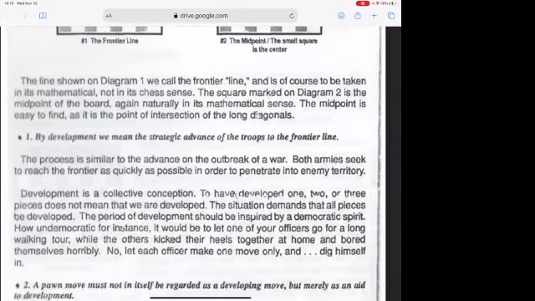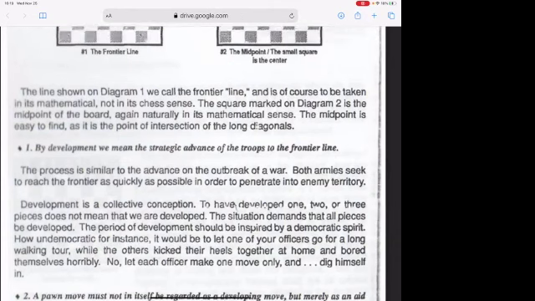Again, the process is similar to the advance on the outbreak of a war. Both armies seek to reach the frontier as quickly as possible in order to penetrate into enemy territory. That's what we want to do, Harut. You and I want to get into the frontier line, including Jacob.